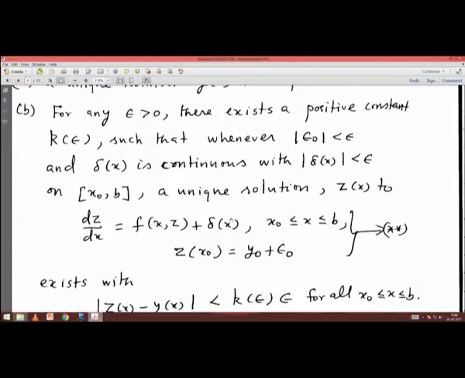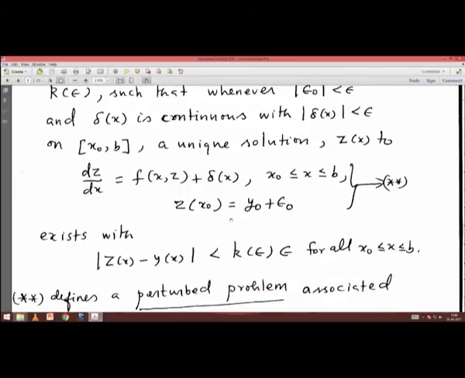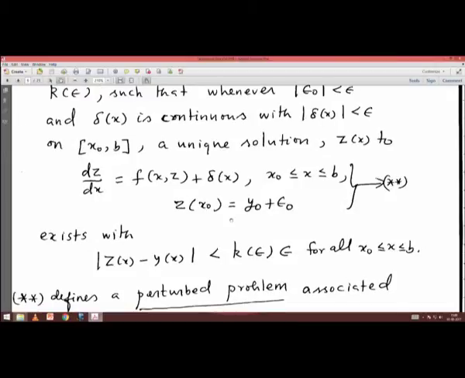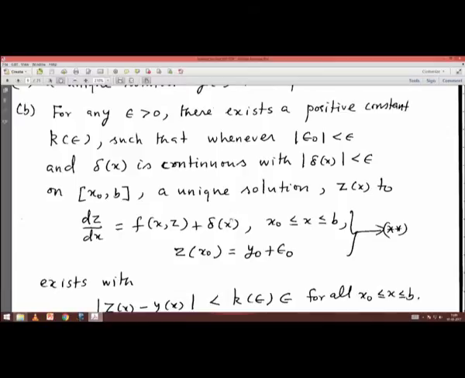In addition, the second perturbed problem that we have stated is such that it has a unique solution given by z of x, such that the difference in absolute value between z of x and y of x can be made less than k of epsilon into epsilon for all x naught less than or equal to x less than or equal to b, where this k of epsilon, delta of x, epsilon naught are all given here.